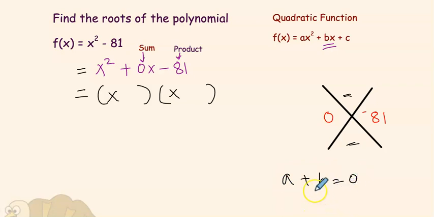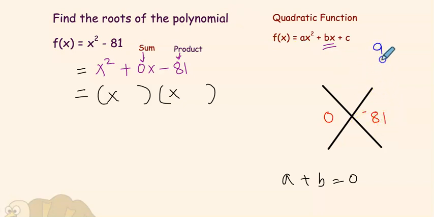It tells me that one number is the additive inverse of the other, right? They have to be the opposites. So what are those opposites whose product is 81 with a minus sign, and the sum is 0? It is obvious, right? 81. Both the numbers have to be the same.